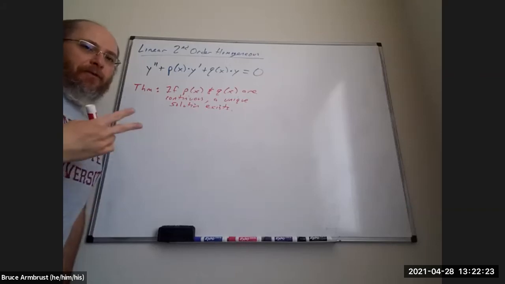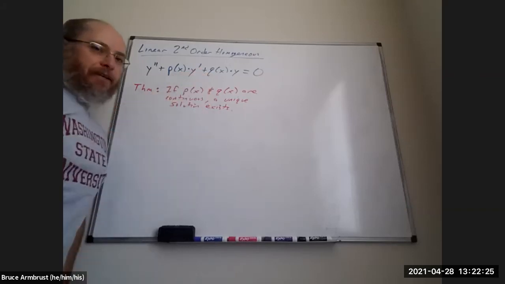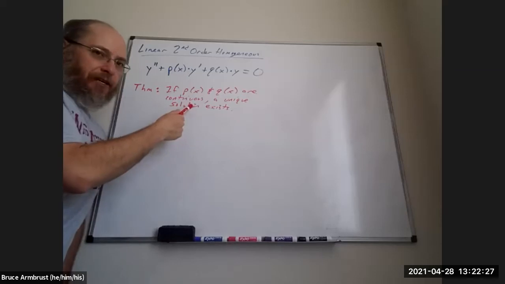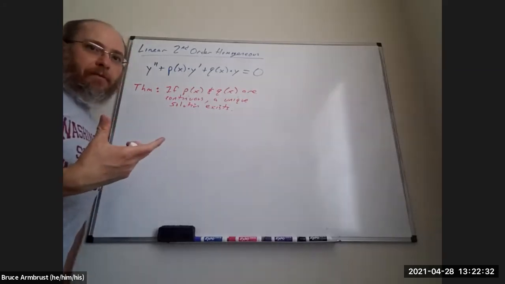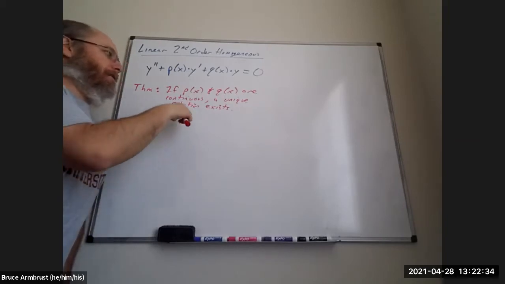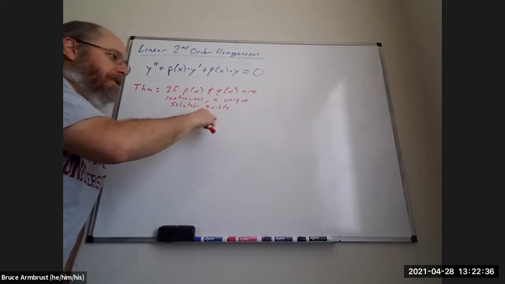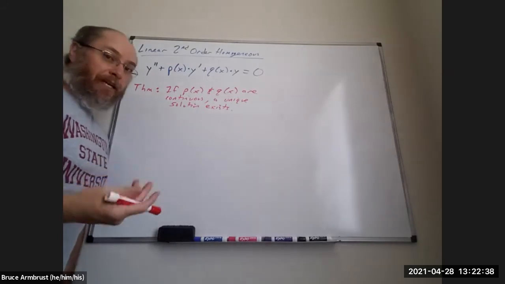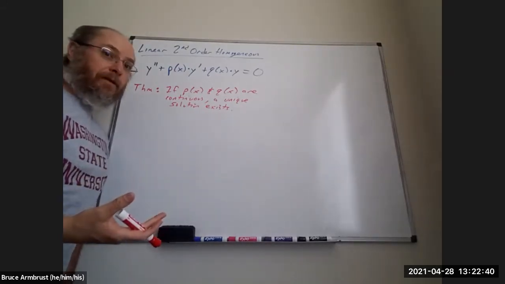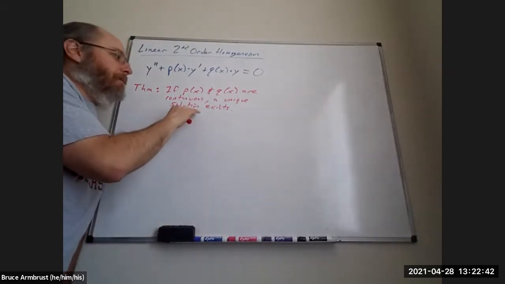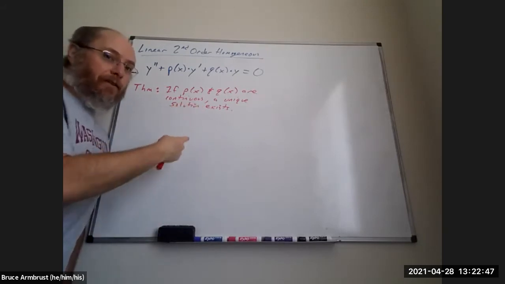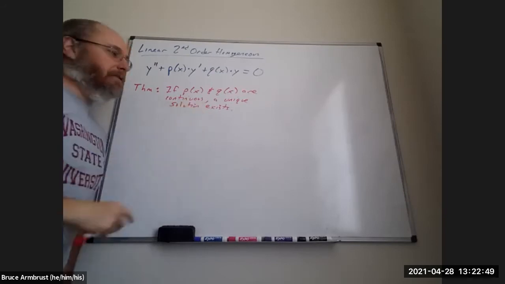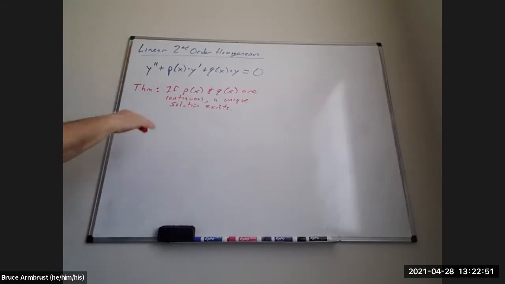It's just now we have two functions we have to worry about, both p and q. When I say they're continuous, remember that means they're continuous on some interval, a to b. And when I say a unique solution exists, that's to an initial value problem, on a subinterval of the other. I just don't want to write out all the technical stuff, but this is definitely something that we know is true.